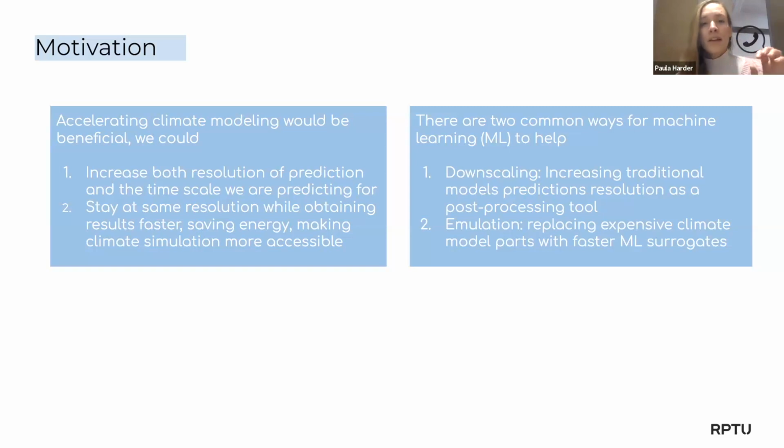The other one is during the modeling part, to replace some expensive modeling parts, also called surrogate modeling. In our case, we took an expensive aerosol microphysics model and replaced it with a cheaper ML model.